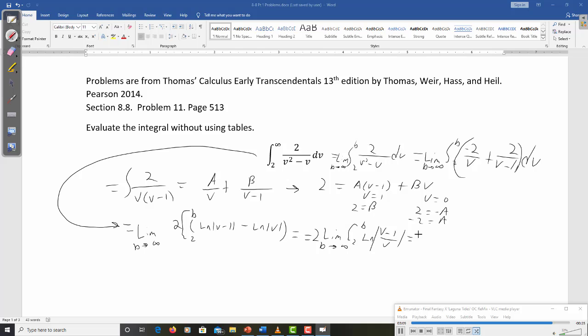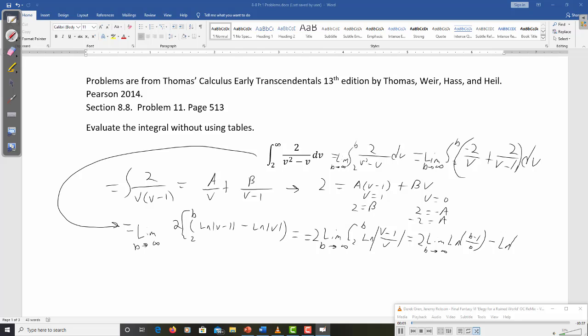Alright, so this is going to be 2 times the limit as b goes to infinity of ln of (b minus 1) over b, minus ln of, let's see, 2 minus 1 over 2.